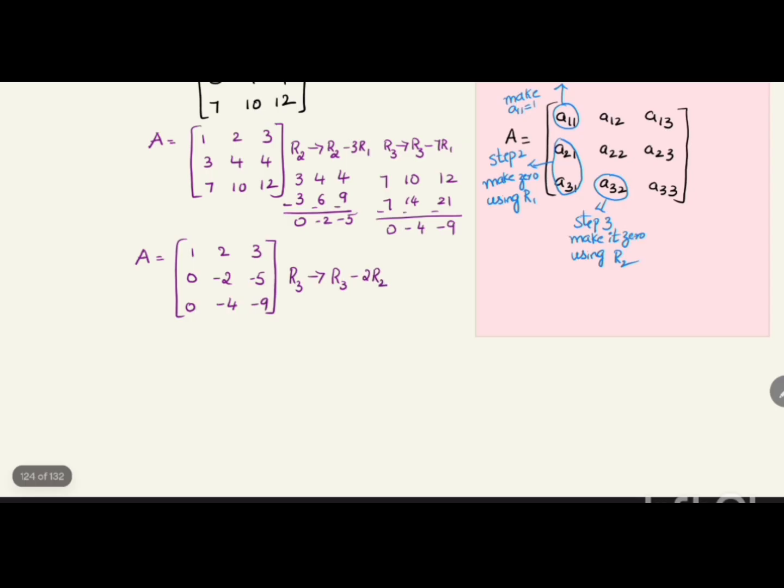R3 is 0, minus 4, minus 9. Multiply R2 with 2, that is 0, minus 4 and minus 10. Now subtract these two. 0, minus 4 plus 4 is 0, minus 9 plus 10 is 1.